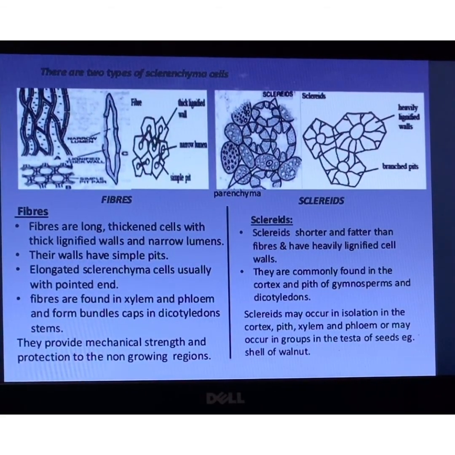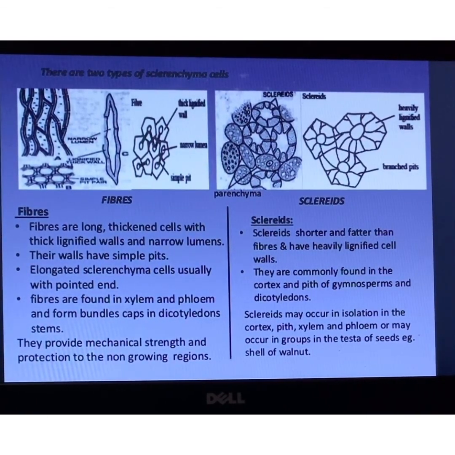So basically we have covered 3 types of simple permanent tissues today. What are they? Parenchyma, collenchyma and sclerenchyma. Out of these, parenchyma and collenchyma were living tissues, whereas sclerenchyma is a type of dead tissue. And what are the roles of them individually? Parenchyma does 2-3 important functions: storage, providing buoyancy to the plant, photosynthesis, respiration, right, and protein synthesis.